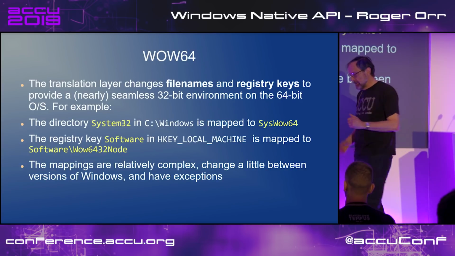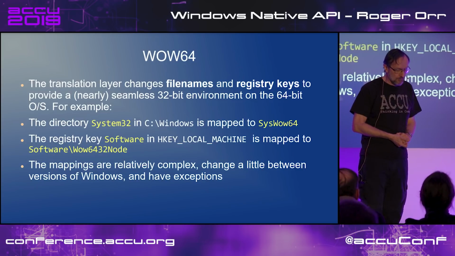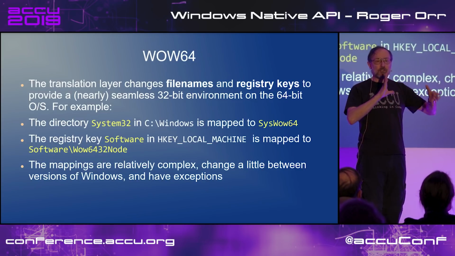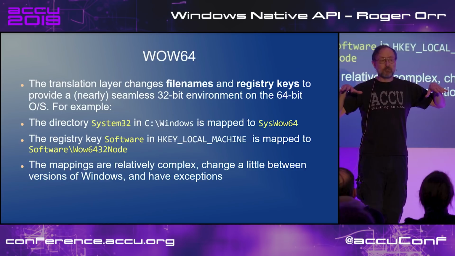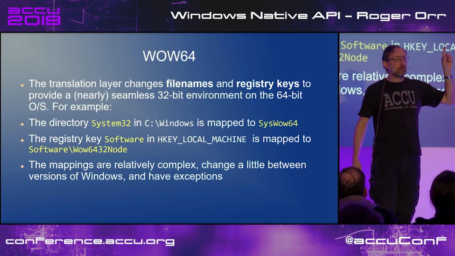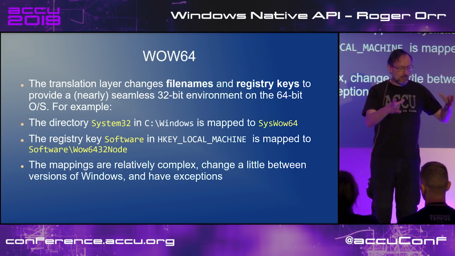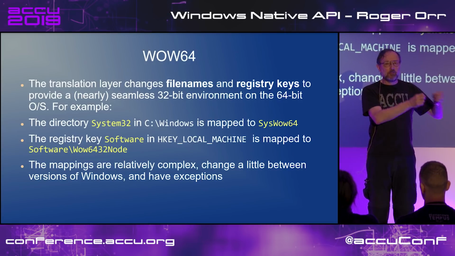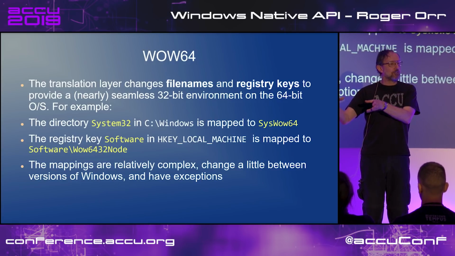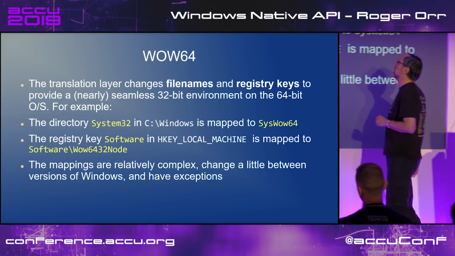But just to make it more fun, the layer also does some other mappings. So there's this virtual 32-bit file system structure. Who's come across this? syswow64. I don't know who thought it'd be good to put all the 64-bit binaries in system32 and all the 32-bit binaries in syswow64. But if I ever meet them, I'll have a word.